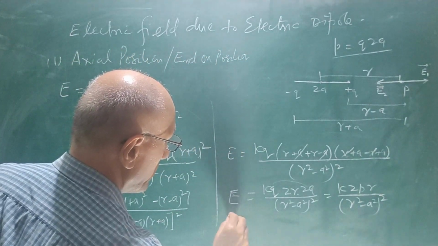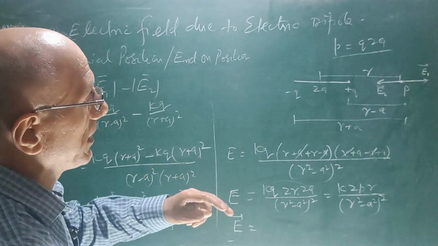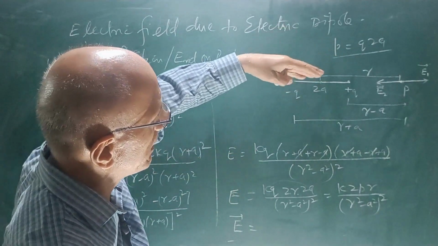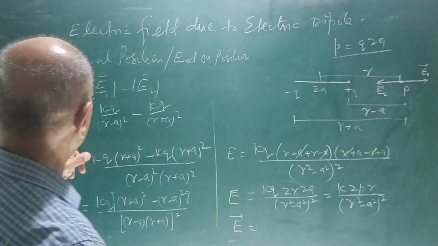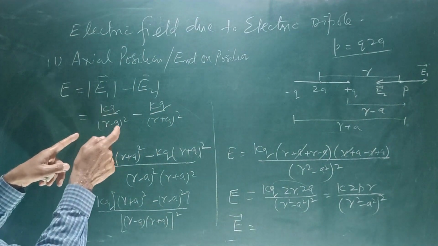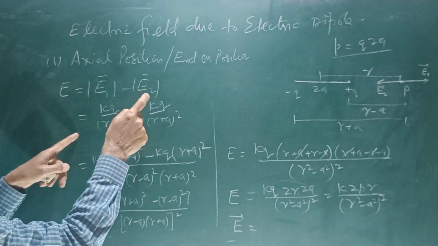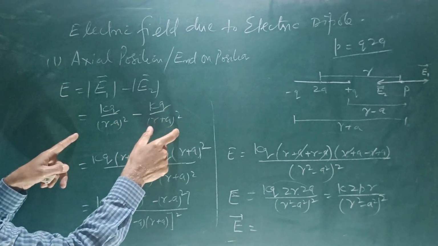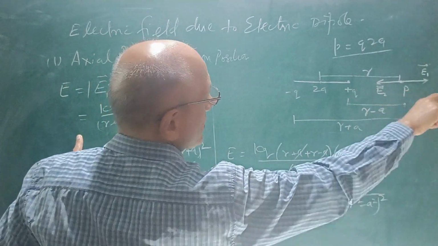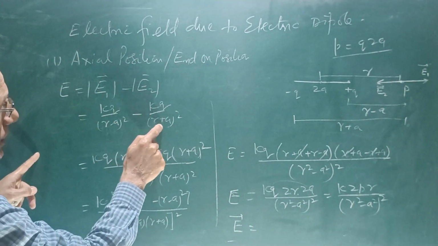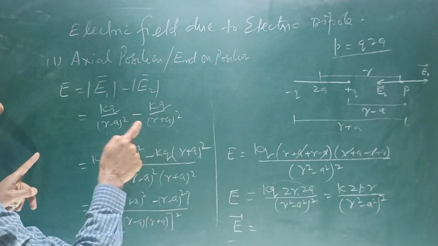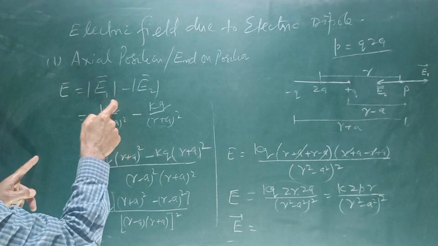So the magnet, अगर वेक्टर पोजीशन में रखना हो तो where is the direction of P? The direction of P is from negative to positive, and since E1 is KQ by (R minus A) whole square and E2 is KQ by (R plus A) whole square. E2 is in this direction and E1 in this direction. Everything is same, KQ and then, but only this factor is greater than this factor. So this value will be greater.